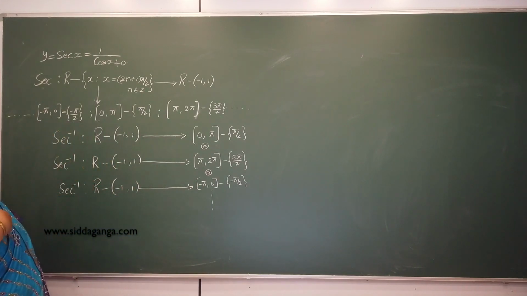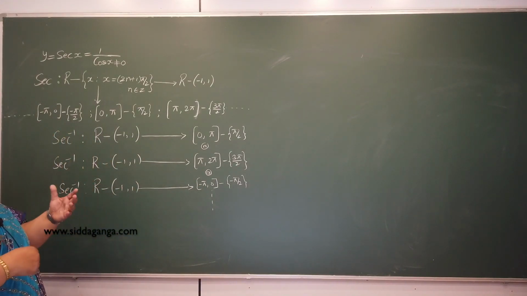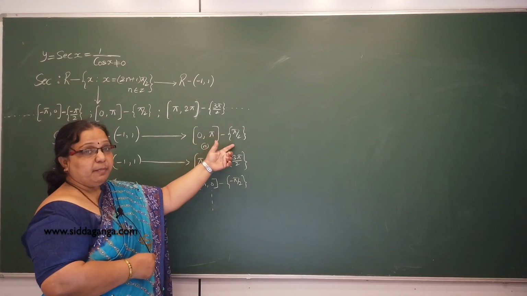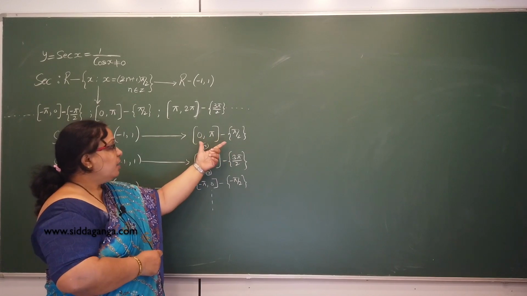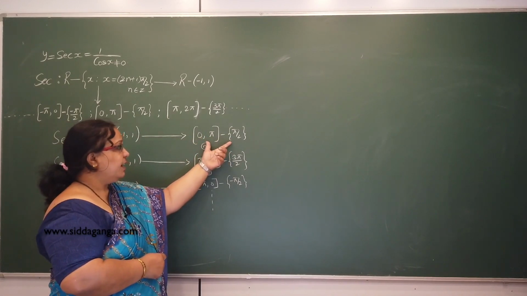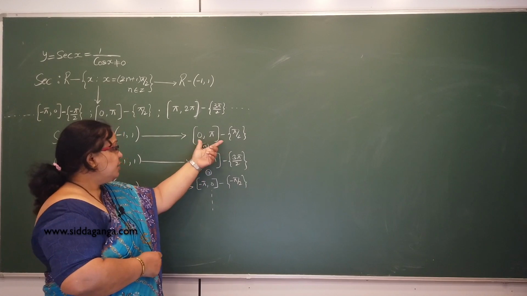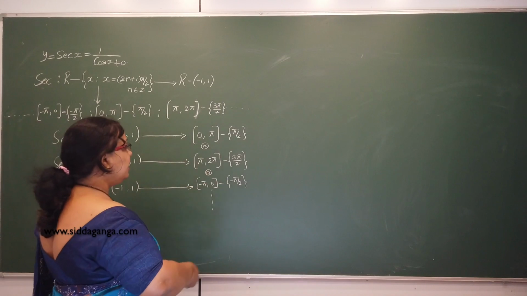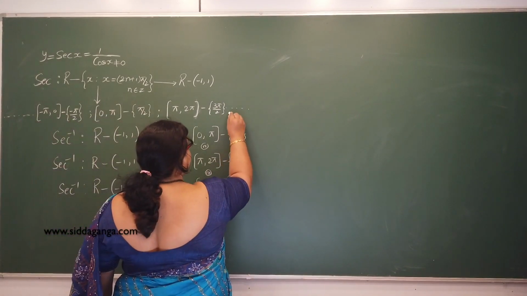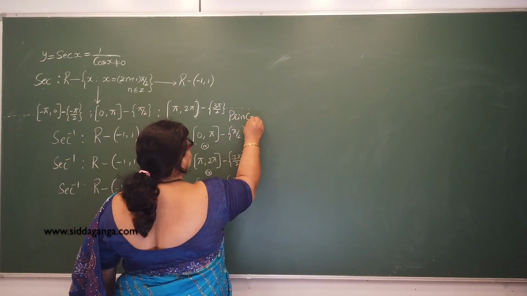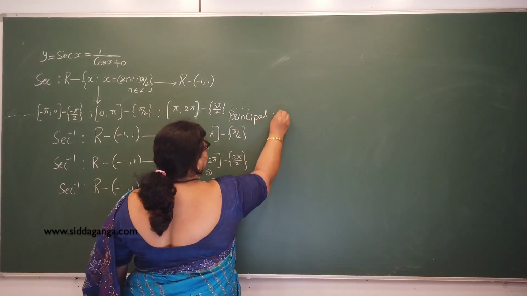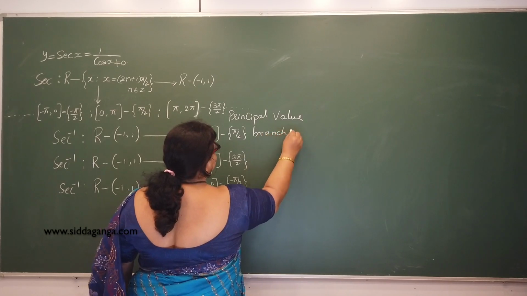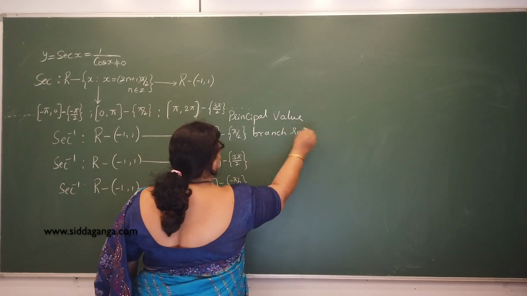So in particular, if we consider the range as the closed interval 0, pi minus pi by 2, then in this range the value of the secant inverse function is called the principal value branch range.